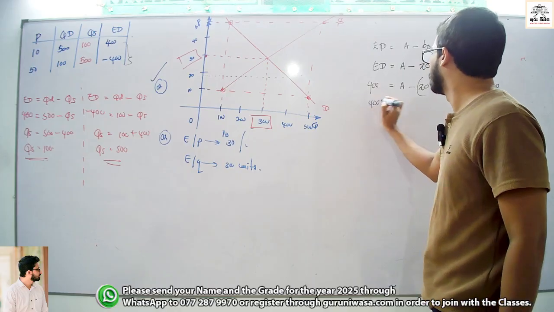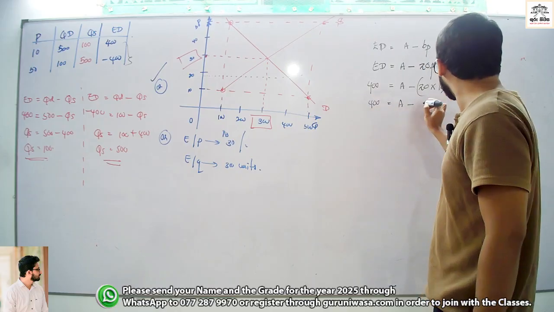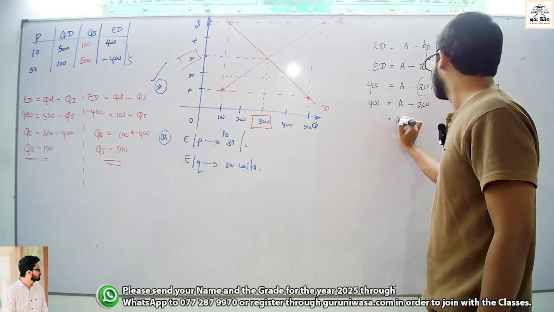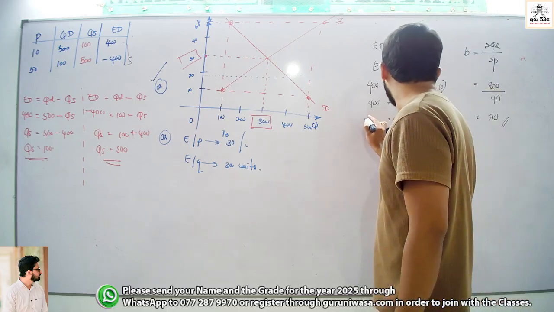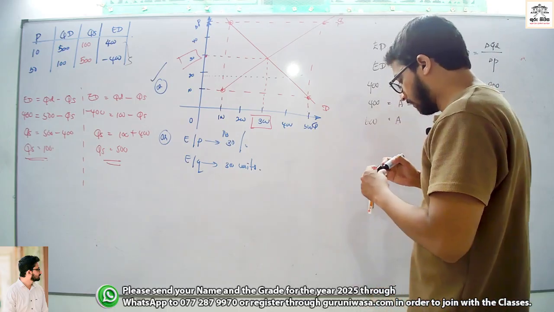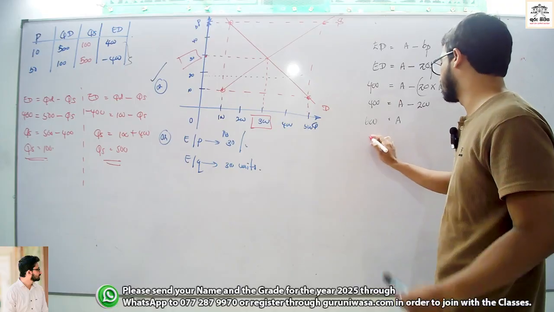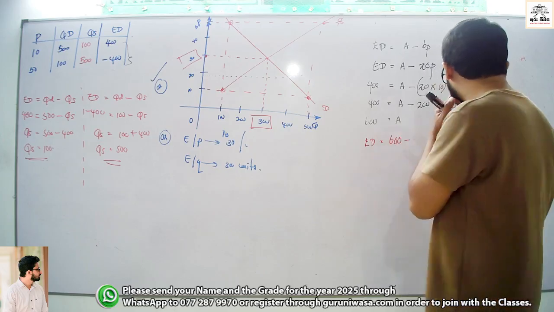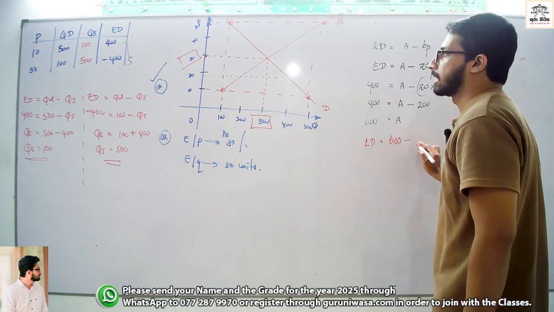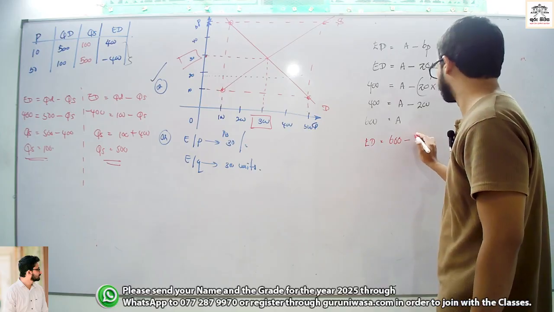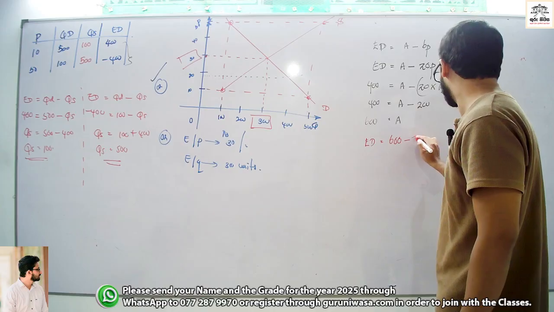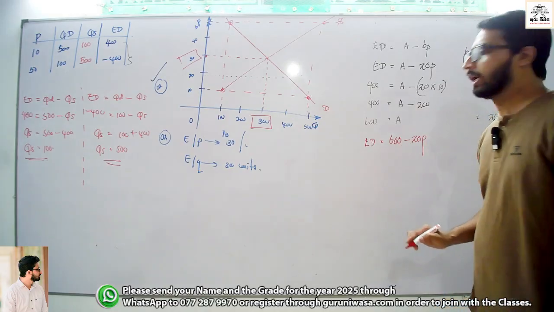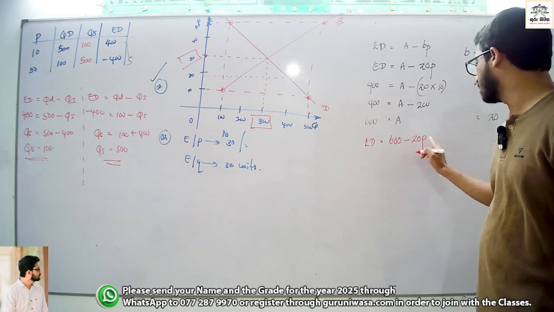Then 400 equals A minus 200, then A equals 600. Then your excess demand equation is 600 minus 20P.